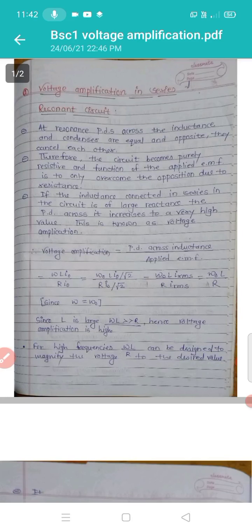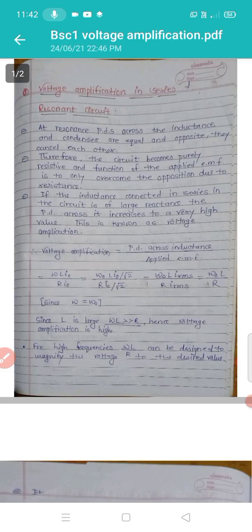to the resistance. If the inductance connected in series in the circuit is of large reactance, the potential difference across it increases to a very high value.